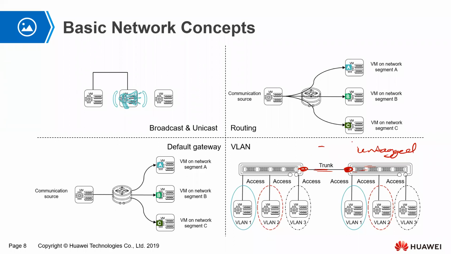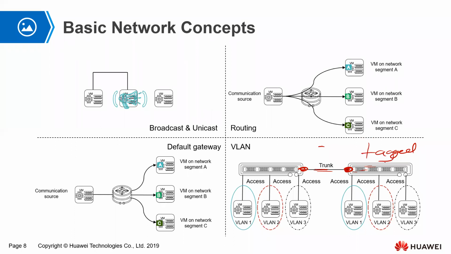But in case it tags the packet with a default VLAN ID, and if the default VLAN is not allowed, then definitely it will discard it, because the default VLAN is not allowed to run on the trunk. What happens when it's getting a tagged frame? This was when it's untagged. Now, what happens when it's getting a tagged frame?